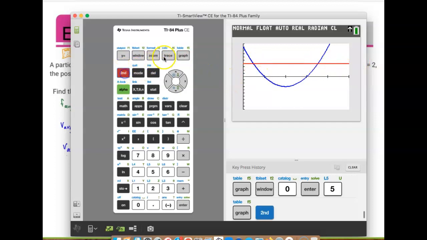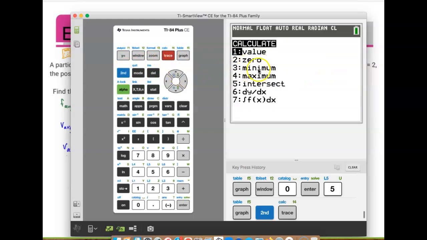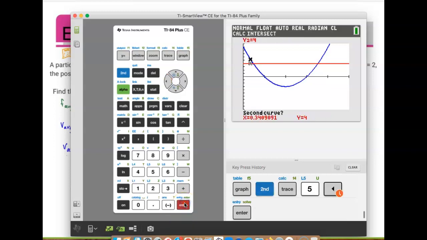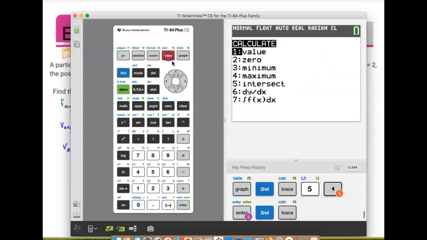And so if I go second trace, I want to calculate an intersect, so 5. Let's find the left one first. All right, so our answer is at time t equals 0.472. And then there's one more.